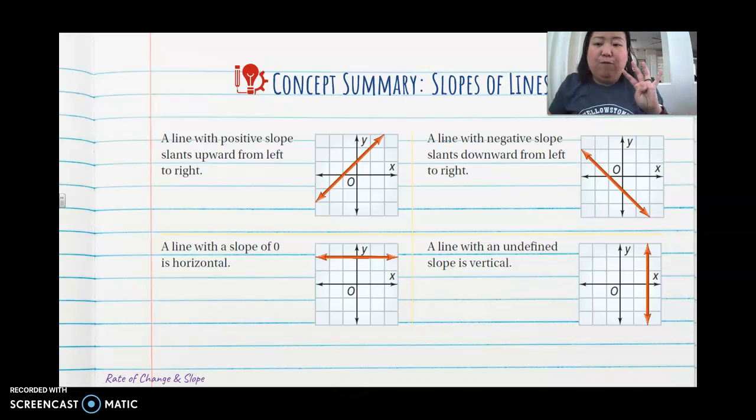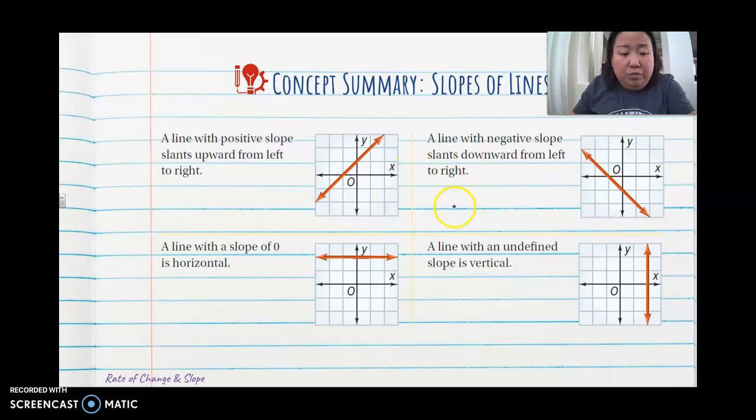So this is actually the summary of all the kinds of slopes that you can have. There are always just 4 possible ways of how you can get a value of the slope. You can possibly have a positive slope, and what can you expect? Your line is slanting from left going to right. If you have a negative slope, it is going downward from left to right. You see it's higher on the left and then lower on the right.